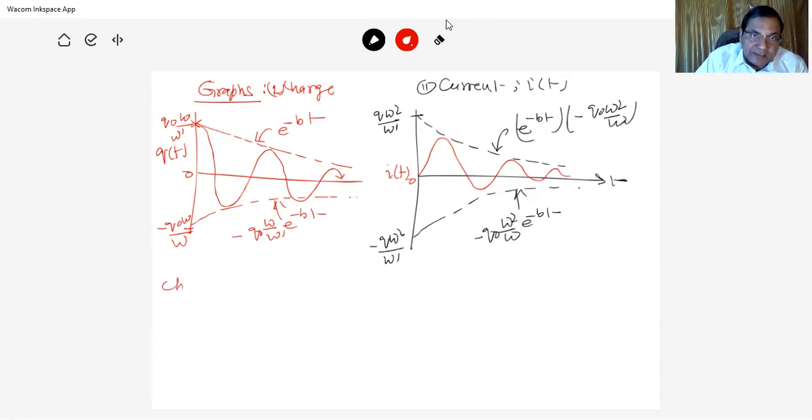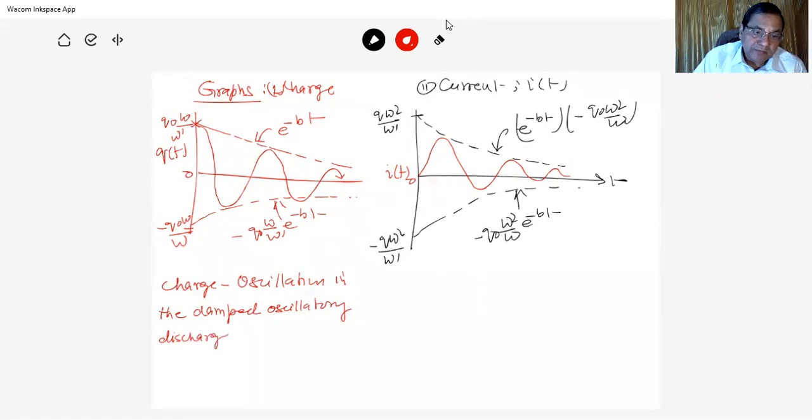This is the charge oscillation in the damped oscillatory circuit, damped oscillatory discharge of a capacitor.